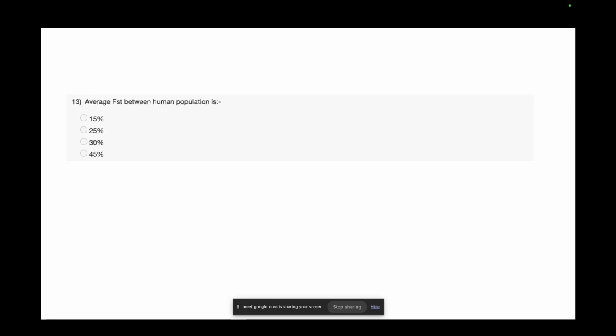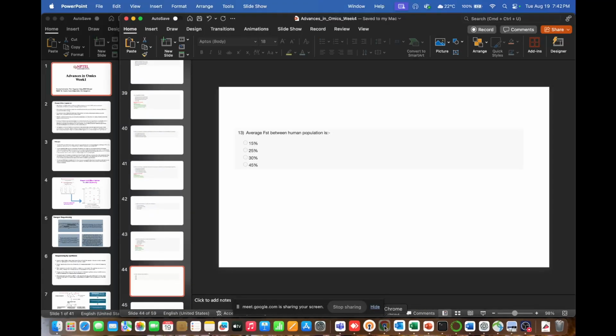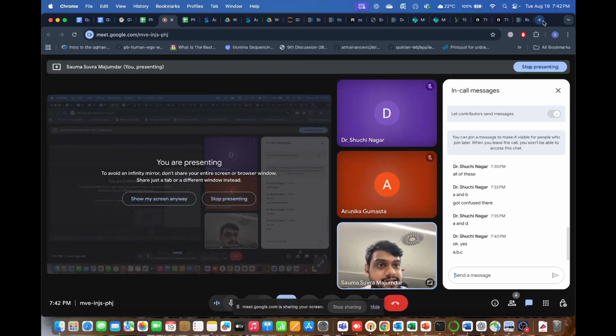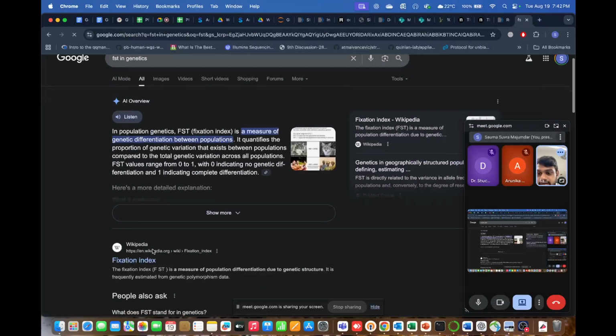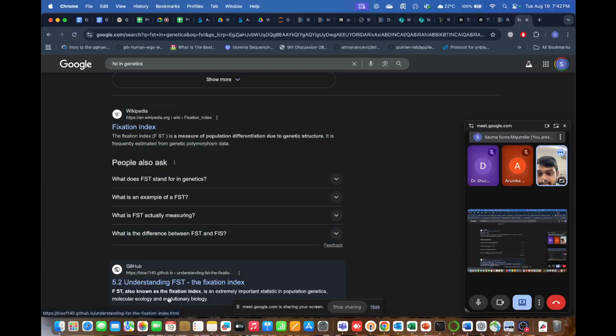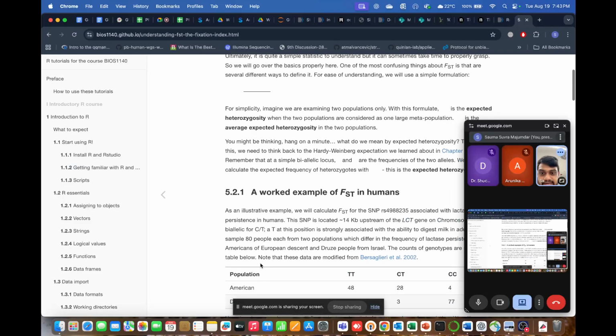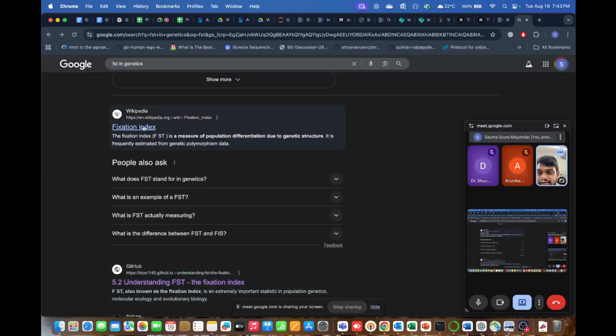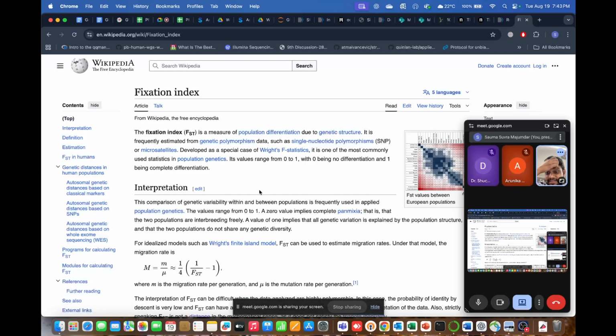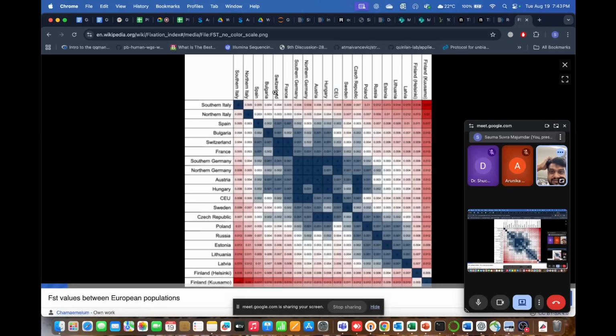FST stands for fixation index statistics. Basically, it measures allele frequency differences across populations. I think this is the code for it. So for different populations with the same variant, what are the allele frequency differences? That is how FST is quantified.